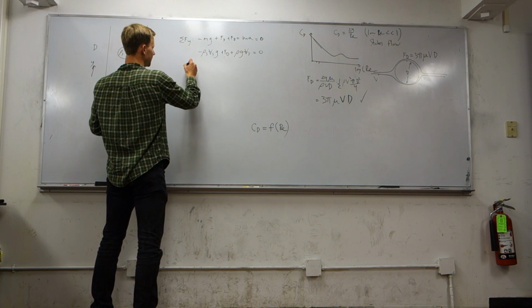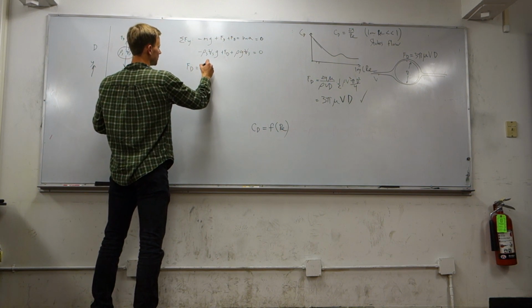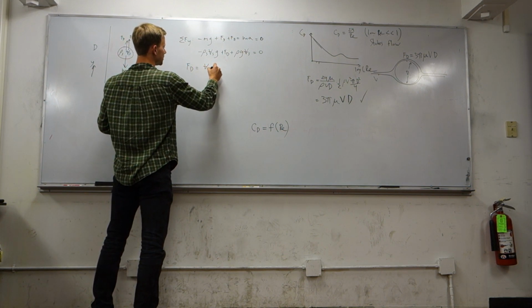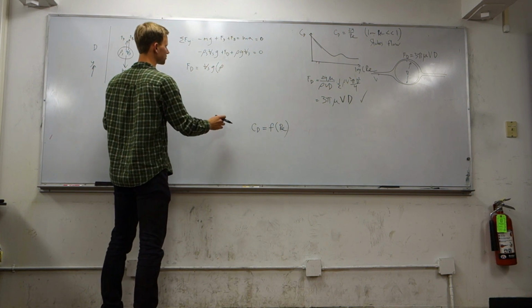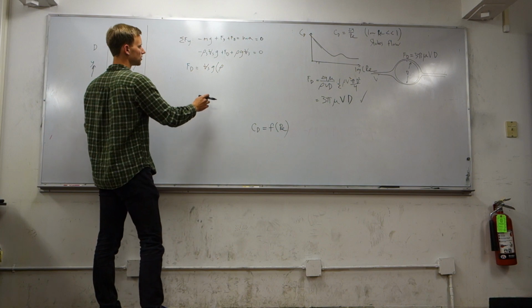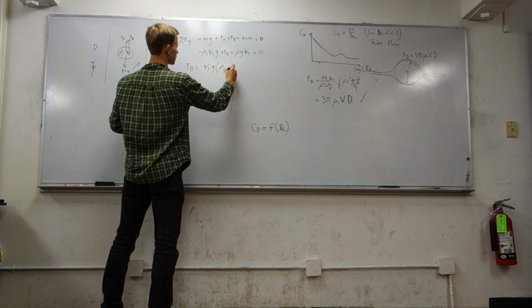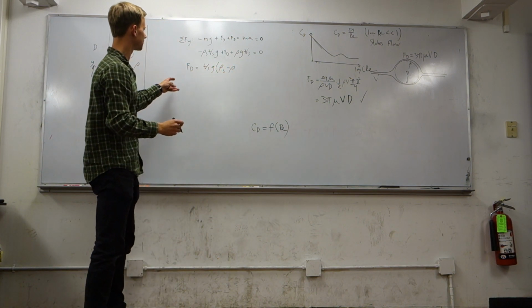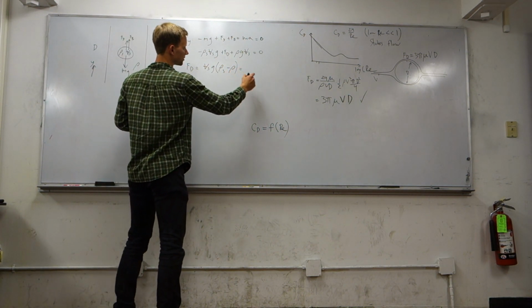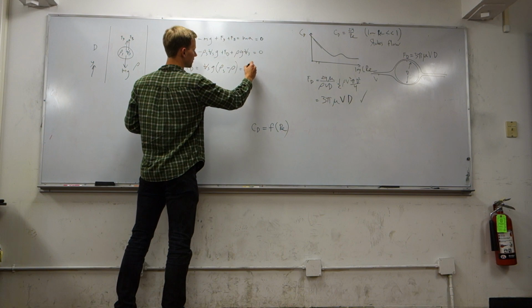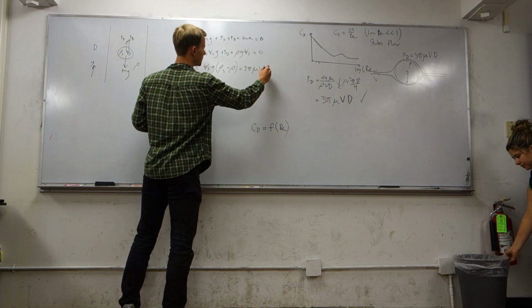So let's see, Fd is V sphere times g times rho sphere minus rho. Sorry. Yes, that's right. Okay, and then of course this is equal to our 3 pi mu v d.